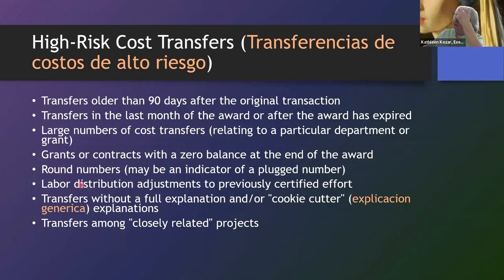Also, they look at rounding of numbers, rounding up or rounding down. That might be an indicator that you're just plugging in a number and looking at the bottom line rather than, again, thinking, does this cost belong on this grant? Is it allowable? Is it reasonable? Is it necessary? So when you have a round number or a zero balance, those are indicators that you could be doing something strange with your accounting just to try to spend the money down.